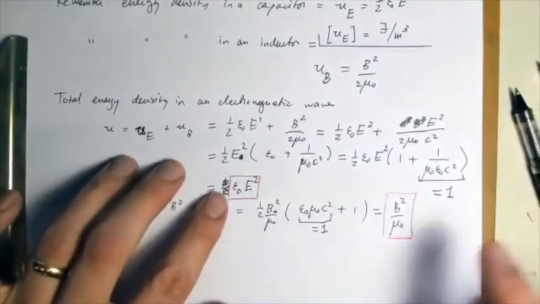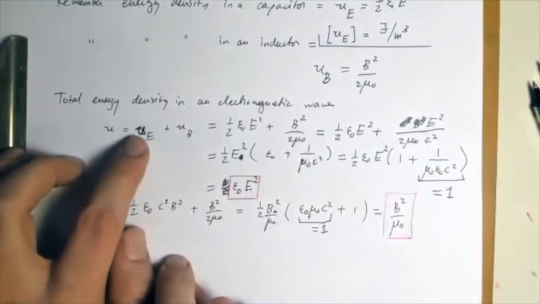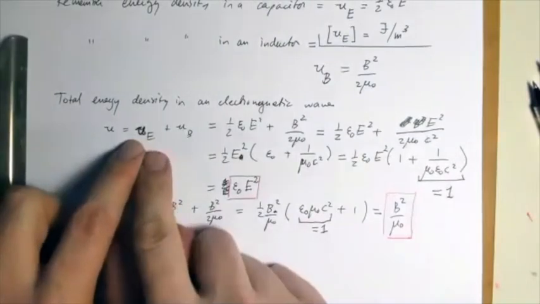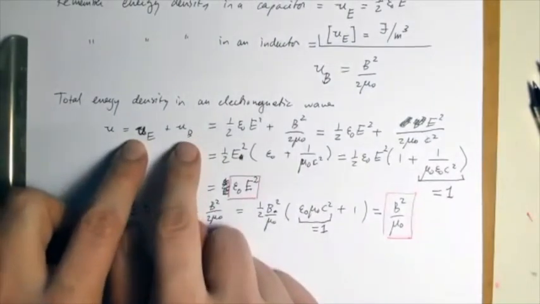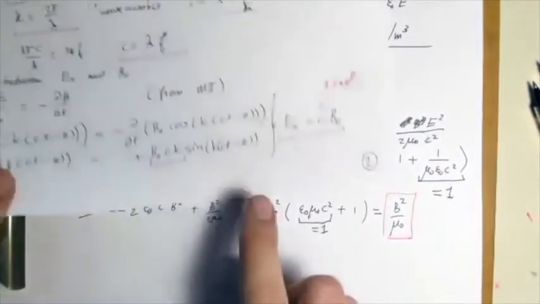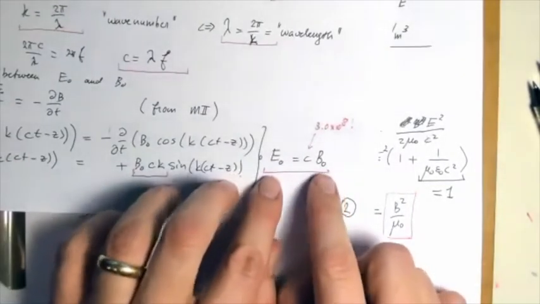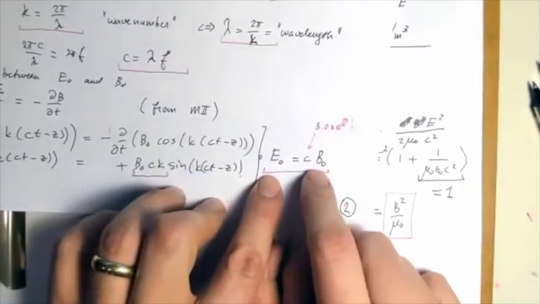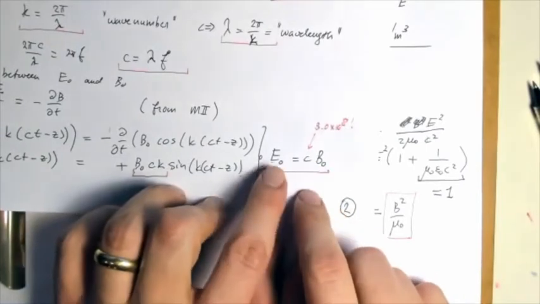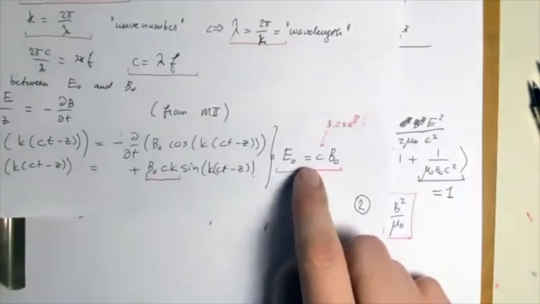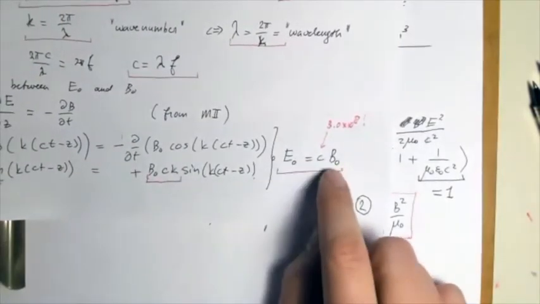It means that the energy density that's carried by the electric field component is equal to the energy density carried in the magnetic field component. And that is counterintuitive, right? Because I said here that the magnetic field is much, much smaller than the electric field. And that is because this is about weird units, right?